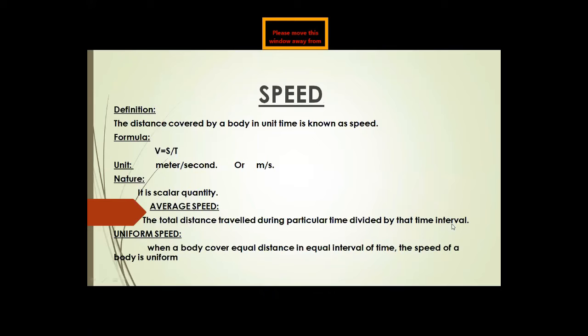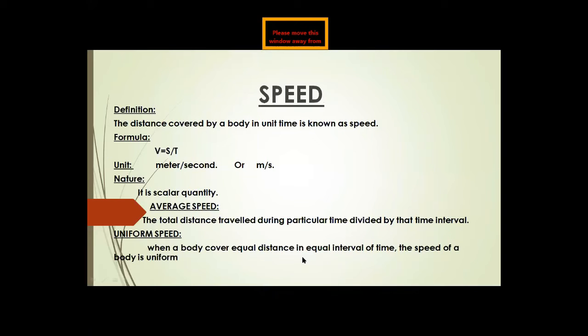So it will become the average speed, or we can say average speed is represented by capital V with subscript AV. So it is representing the average speed.